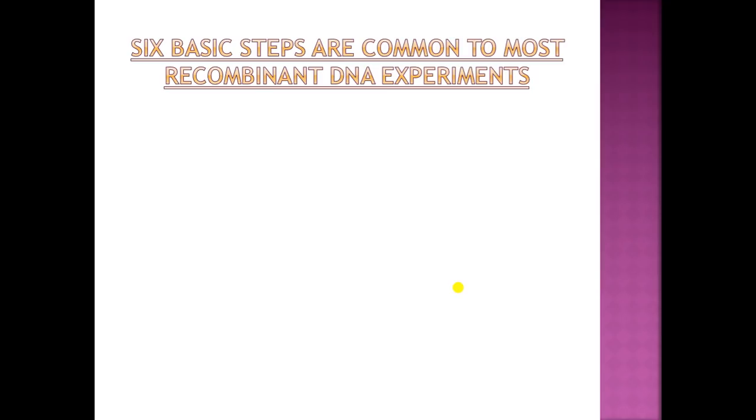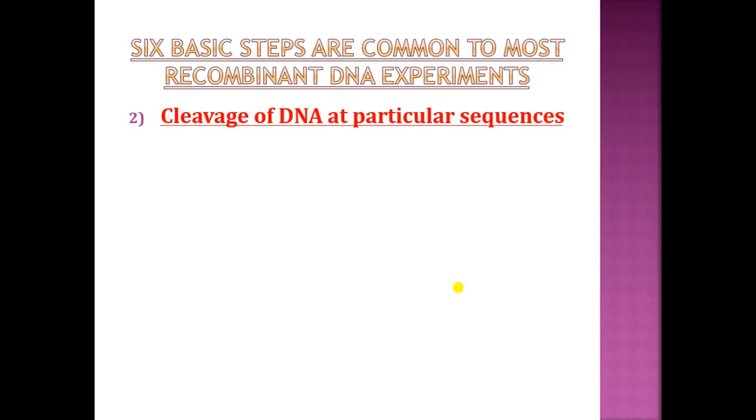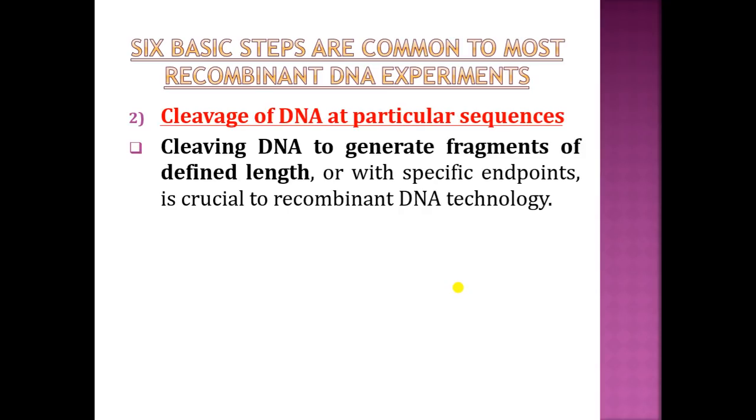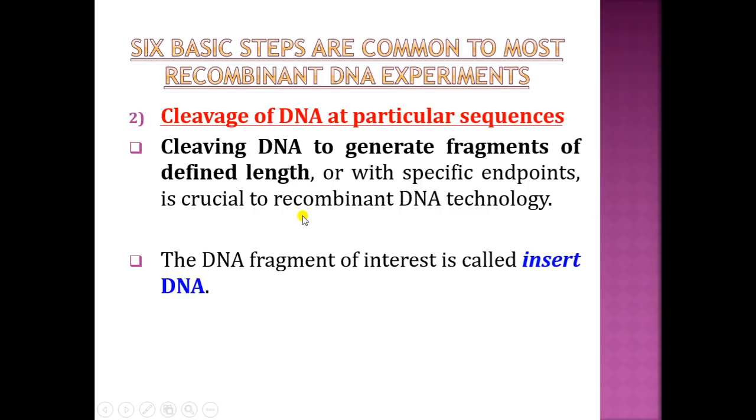The second step is cleavage of the DNA at a particular sequence. Once we get that plasmid and have identified the particular gene we want to multiply, we have to cut it at a particular sequence. Cleaving DNA to generate fragments of defined length or with a specific endpoint is a crucial process of recombinant DNA technology.